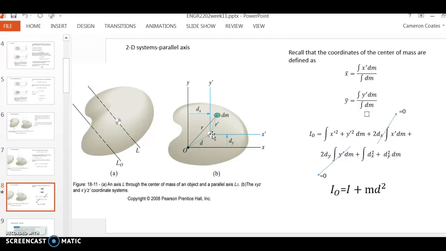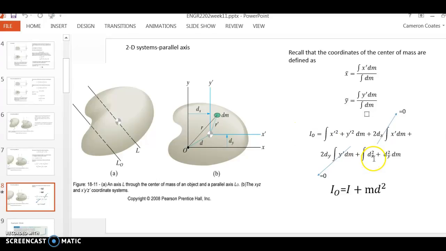So if I'm using my x prime and y prime axes, the coordinates of my center of mass, x bar and y bar, must be the origin, which would be 0 for x and 0 for y. So if x bar is 0, then the integral in the numerator is 0, and if y bar is 0, same thing, that integral is 0. So my integral of x prime dm and my integral of y prime dm go to 0, because with my x prime and y prime axes, the origin is at the center of mass.